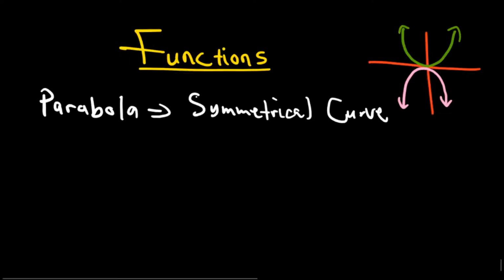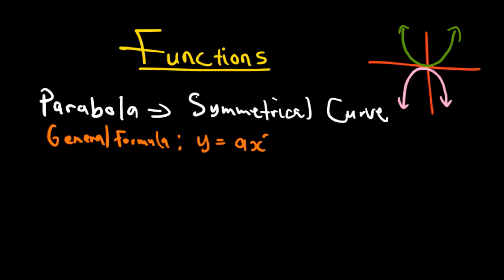So the most important thing that we need to know is the general formula of a parabola, which is y equals ax squared plus bx plus c, right? So this is the standard formula of a parabola. Now, what's most important is for us to note down what exactly are these terms here. So this one here, we know it as a gradient, or you can call it a slope.